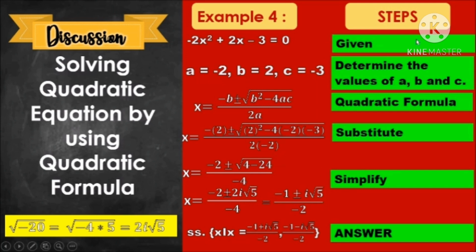After that, i-determine ang values of A, B, and C, kopyahin ang quadratic formula, i-substitute ng maayos, i-simplify hanggang lumabas ang lowest term, and that will be now the final answer. So, mas madali para sa akin ang quadratic formula. Pero, yan pa rin ay didepende kung ano at saan kayo mas nadadalian.